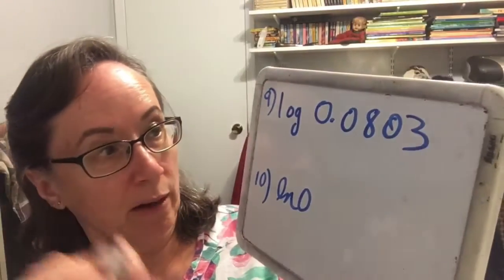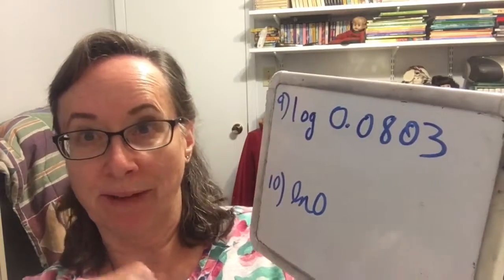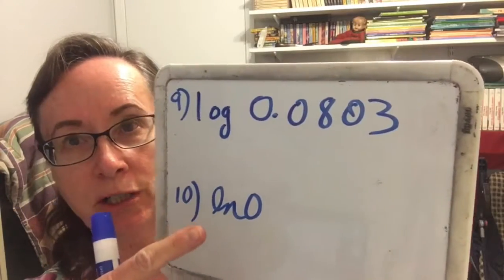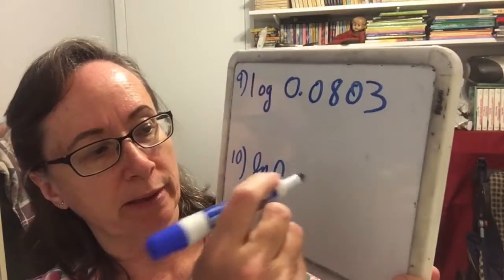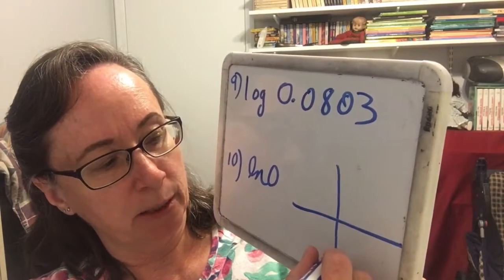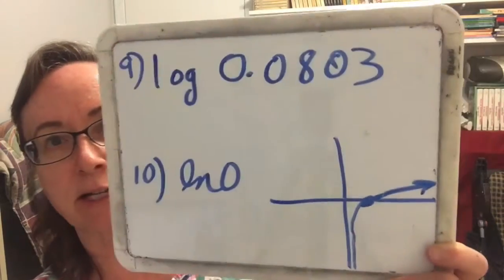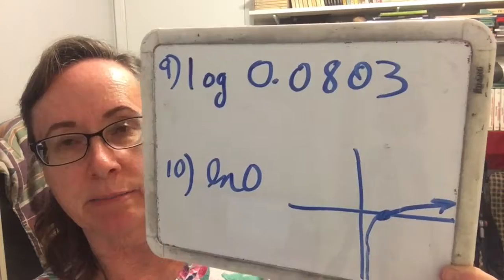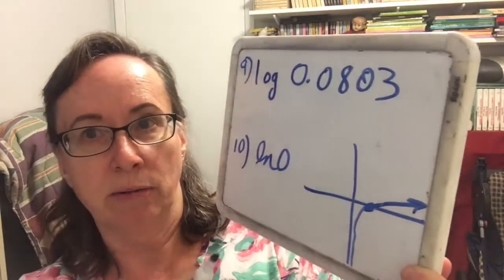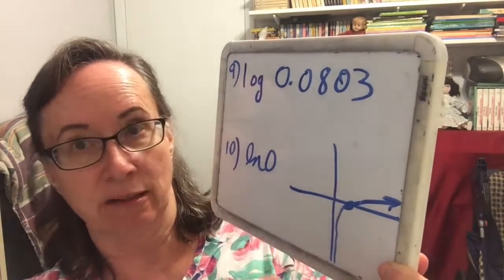All right, so now we are working on number 9 and number 10, and we are to evaluate this using our calculator. Now let's think a minute. This first one should be doable, because remember what the logarithm looks like. Okay, the log comes down here and it approaches an asymptote. It goes through 1, 0, and it goes off in that direction. That's your typical logarithm. We can have a log of 1 is 0.